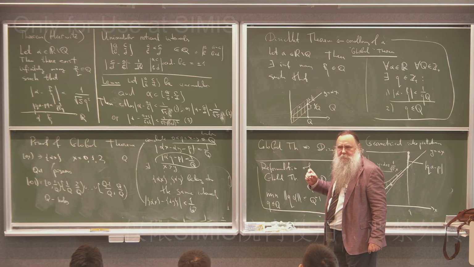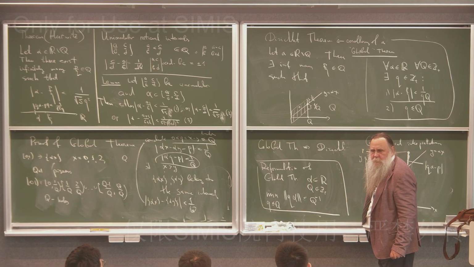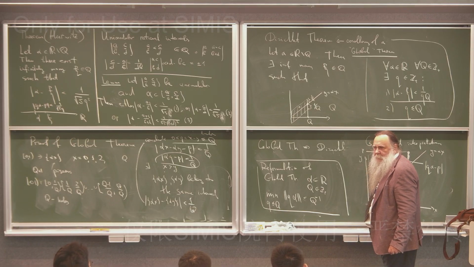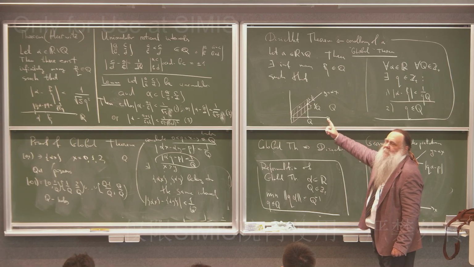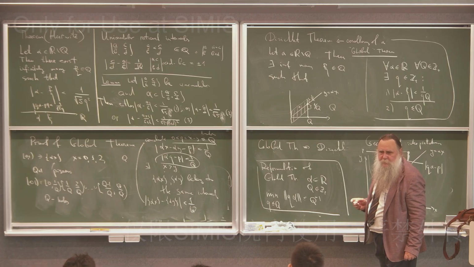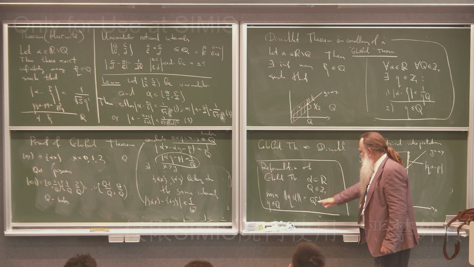Hurwitz's theorem says that there are special points which give better approximations, but they may not occur very often. And in the global setting, Dirichlet's theorem is also optimal. It is not possible to replace this 1 here.